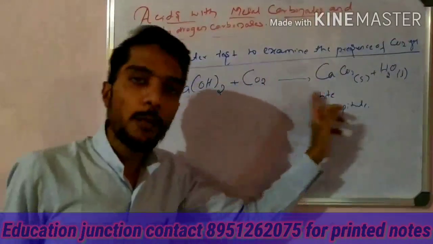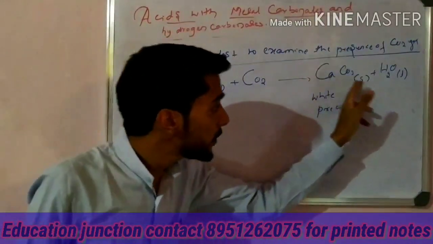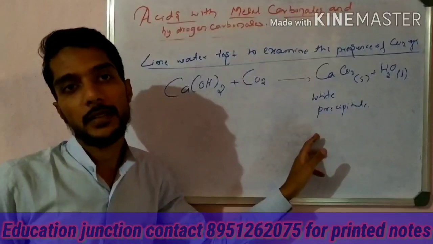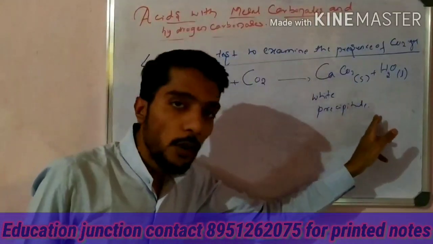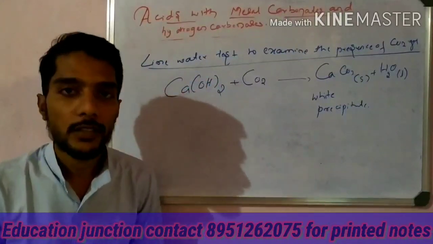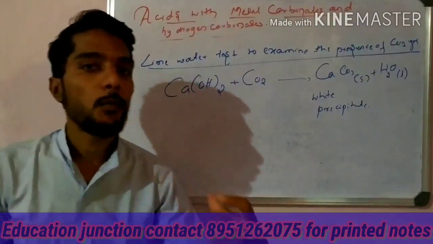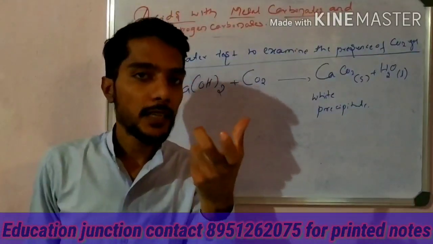If this formation does not take place, it means this gas is not carbon dioxide. If the white precipitate forms, then we say that the given gas is carbon dioxide. So it is a simple test. When metal reacts with carbonates, the gas liberated is carbon dioxide.